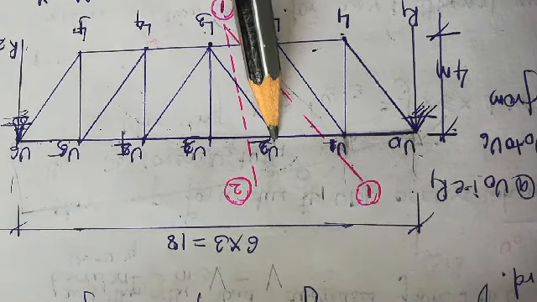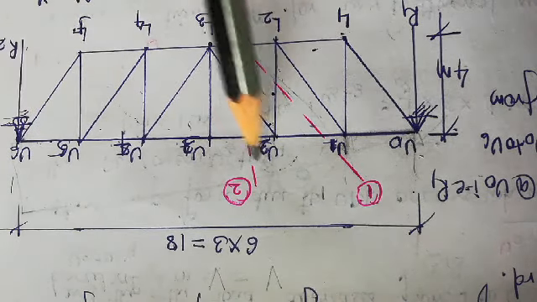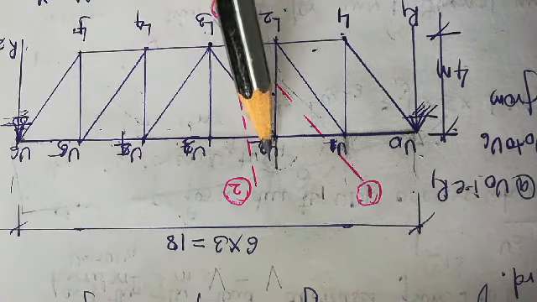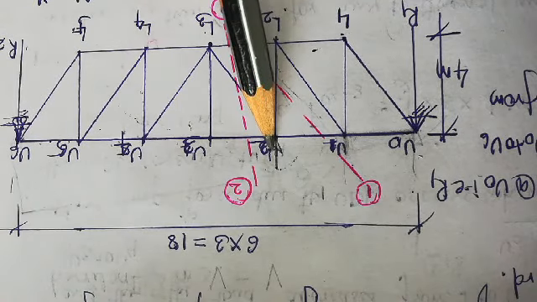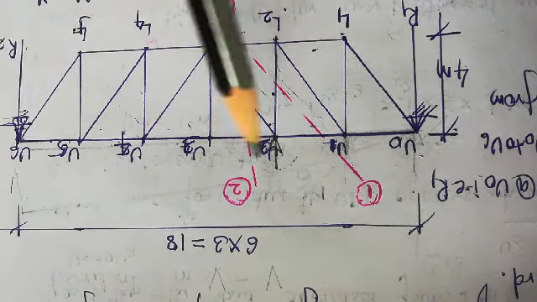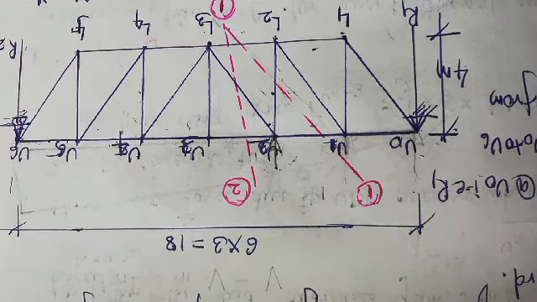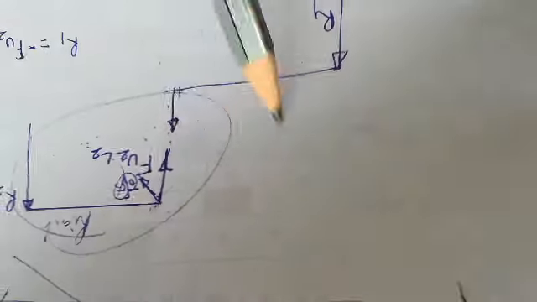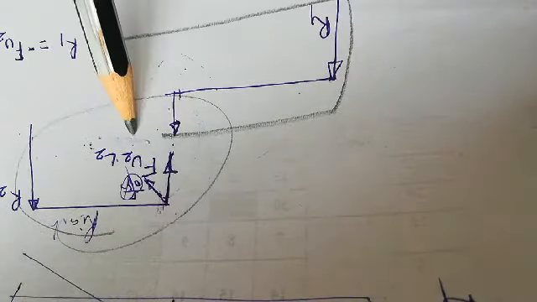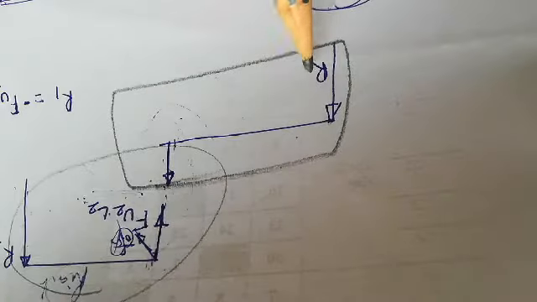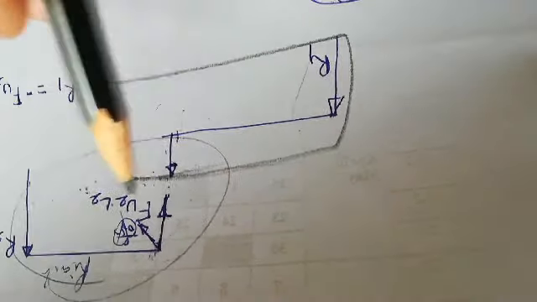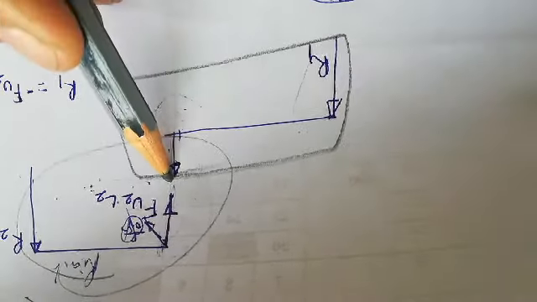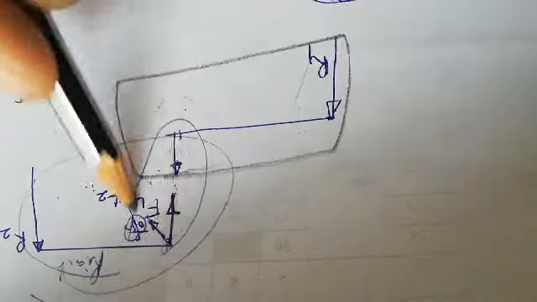When the load is in U2 to U6, the unit load can be anywhere in this section from U2 to U6. When it is from U2 to U6, we take the equilibrium of the left hand side. R1 is upwards, so to equalize this, the member force should move upwards, correct? This is one member only.